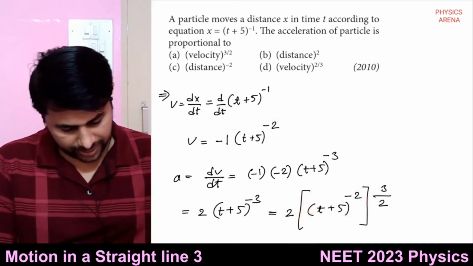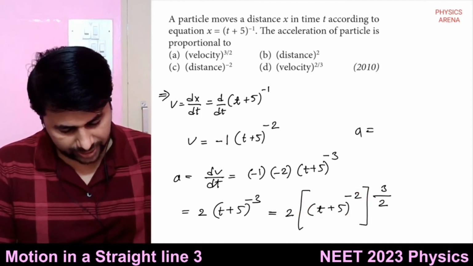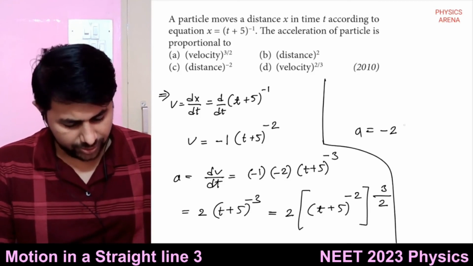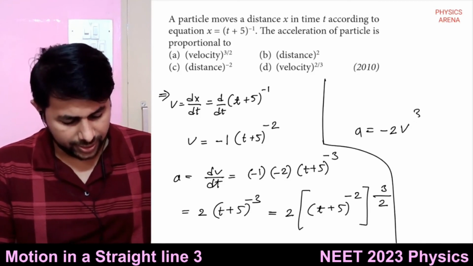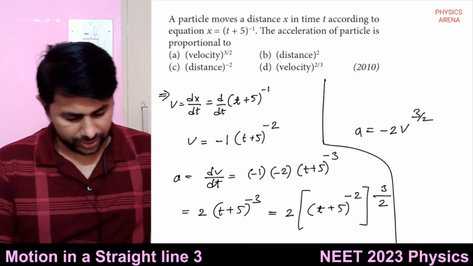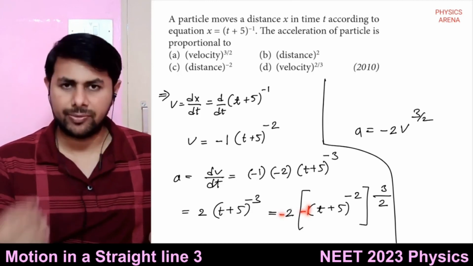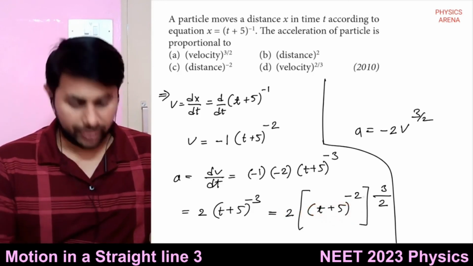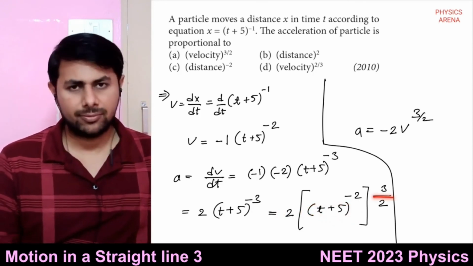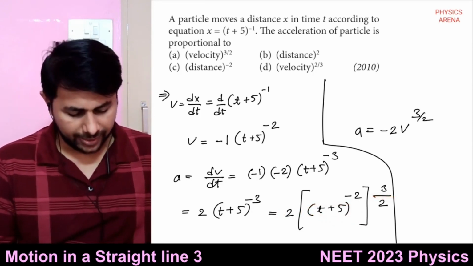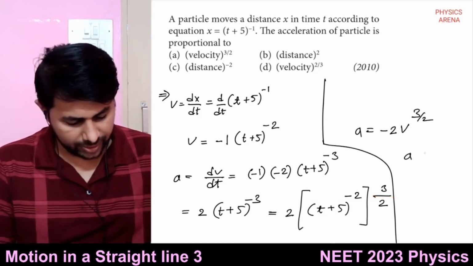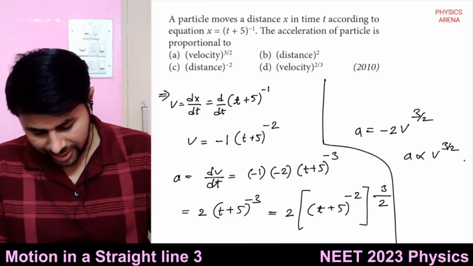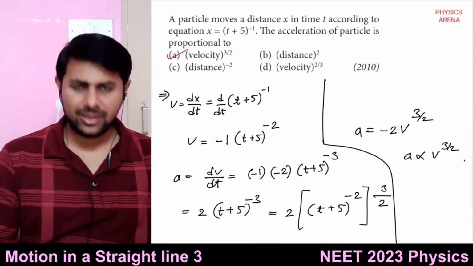So acceleration is equal to minus 2 multiplied by v raised to 3 by 2. If I multiply with minus 1, t plus 5 raised to minus 2 is your velocity, raised to 3 by 2 gives you acceleration. That means the acceleration is directly proportional to v raised to 3 by 2. Option A itself, we don't need to check other options. So this is the answer.